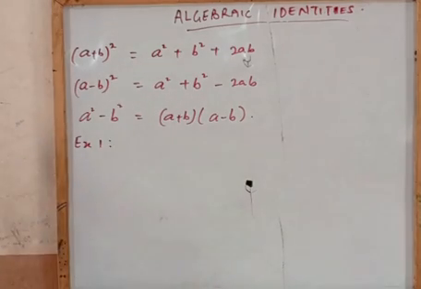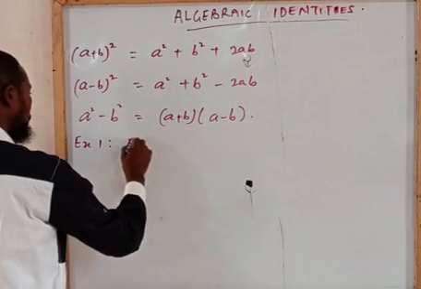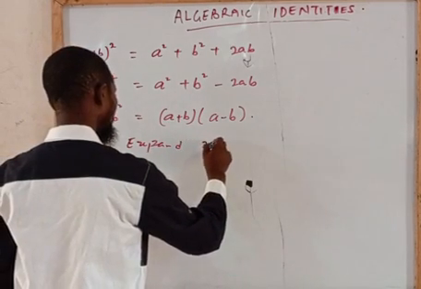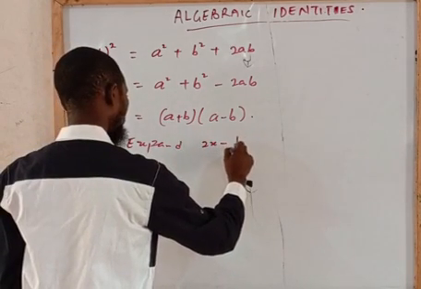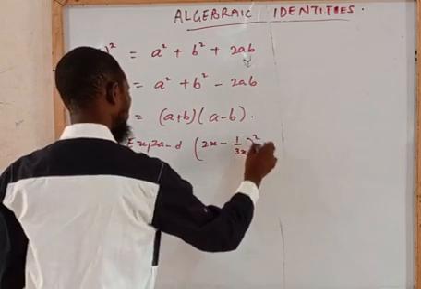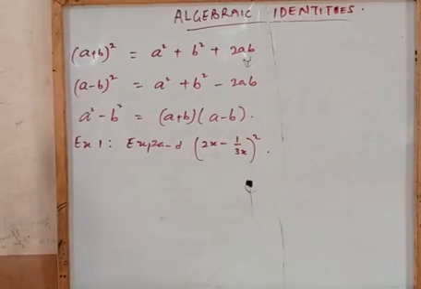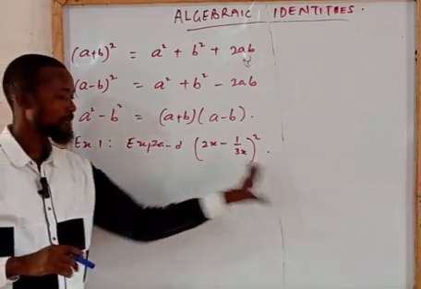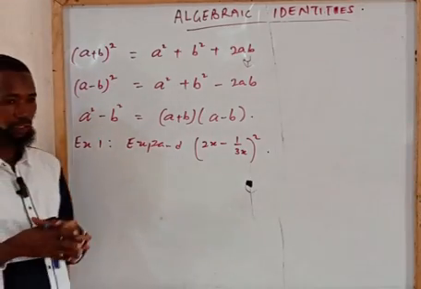I'm asked to expand 2x minus 1 over 3x, everything squared. That's our first expression which we are asked to deal with. We know there are many ways by which this can be approached.